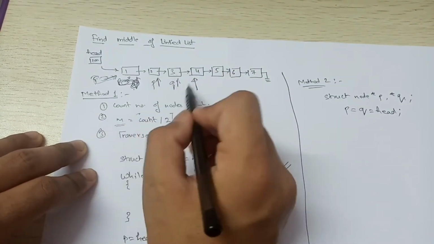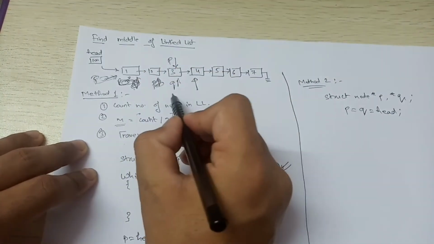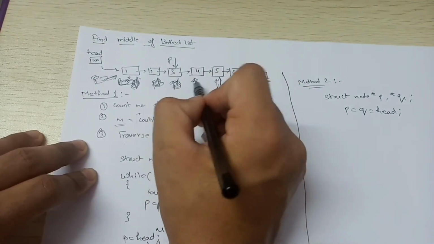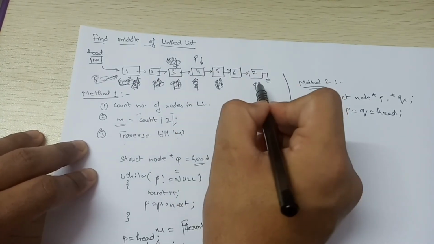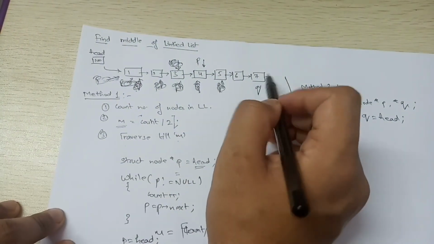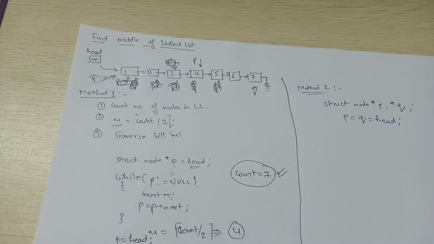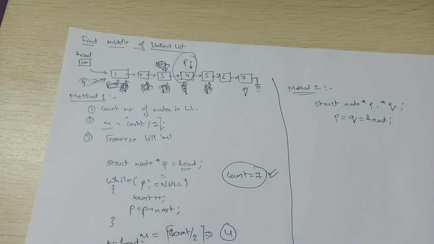In the next iteration, p will point to this node, but q will point to this node, since you have to increment 2 times. In the next iteration, p will point to this node and q will point to this node. As you can see, q is pointing to the last node and p is pointing to the middle node. So now you have to stop and return the p data, because p is pointing to the middle node. So this is the idea behind method 2.